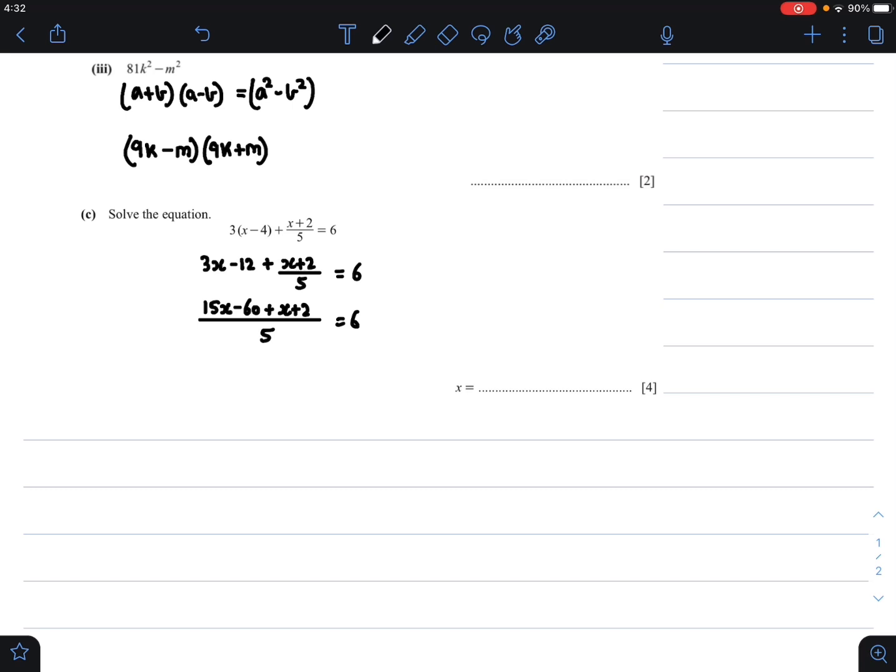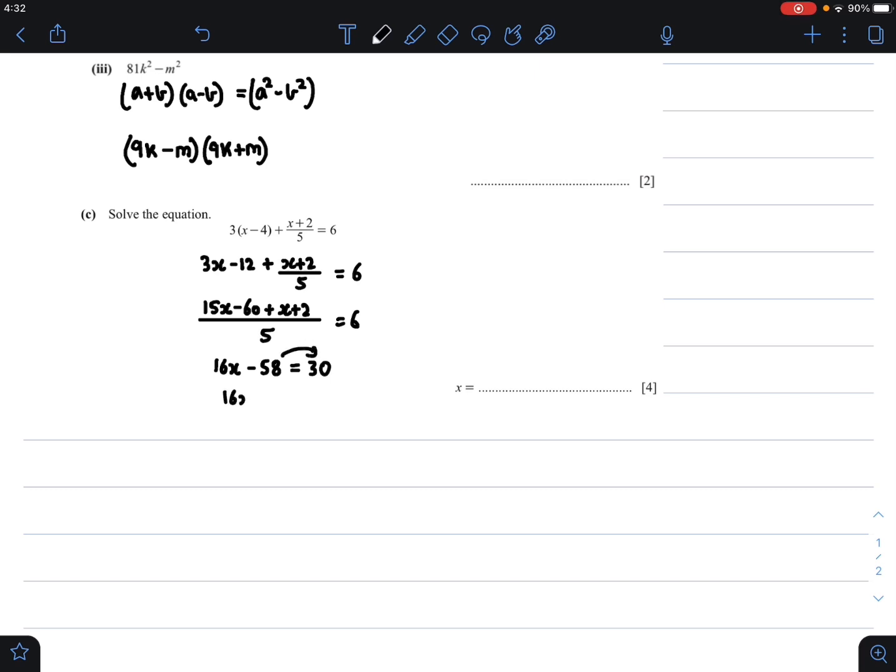Now let's take 5 to the other side and simplify the numerator. 15x plus x is equal to 16x, and negative 60 plus 2 is equal to negative 58, which is equal to, now 6 multiplied by 5 is equal to 30. Now let's take negative 58 to the other side.